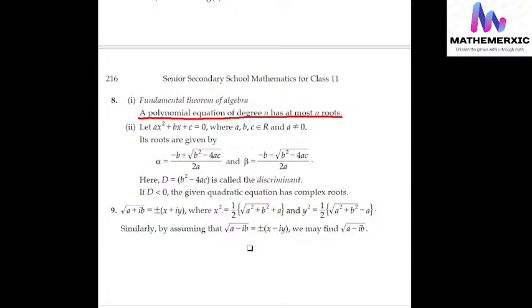Now for this quadratic, we know that a, b, c belong to real numbers and a is not equal to 0. Alpha is minus b plus minus under root b square minus 4ac upon 2a, and b square minus 4ac is called the discriminant. When it is less than 0, the quadratic has complex roots.